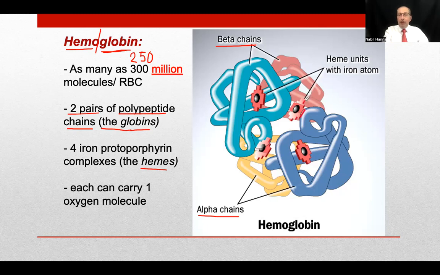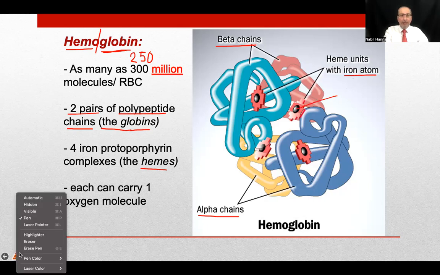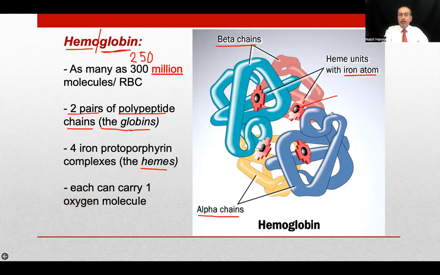To each heme molecule is attached one iron atom. So that's in black. This is the iron atom attached to each heme unit. How many heme units do we have? We have 4 heme units, which means the single hemoglobin molecule has 4 iron atoms.